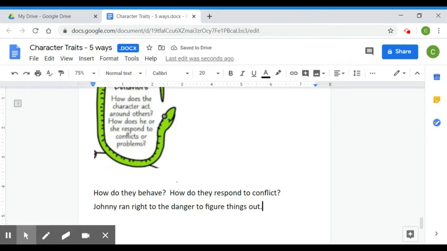And that clue that says we have to figure this out, that clue that says he ran right to the danger, he's brave. How does he respond to the conflict? Did he cry and whine to his mom when they shoot him out the door? No. He decided to take matters into his own hands and figure this out. So he is a problem solver. All right, let's keep going.